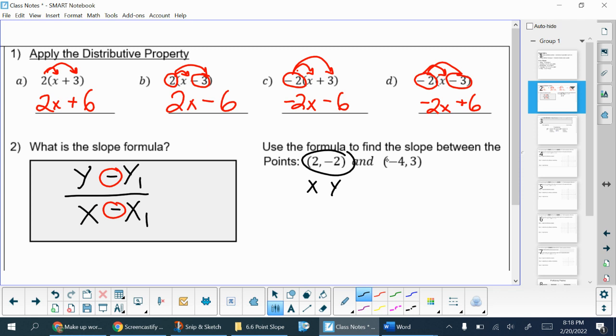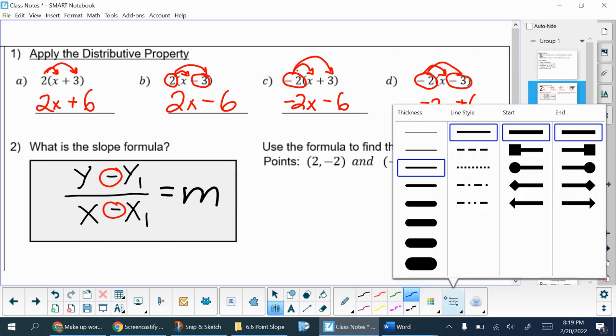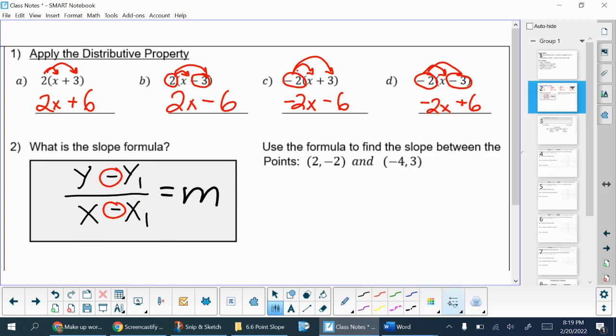So if you're subtracting negative 4, it's going to be minus negative 4. And then we use m, so that equals m, the slope. As an example here, we're finding the slope between these 2 points. One thing I've seen that's helping a lot of people if you're having some trouble with this is they're drawing lines.